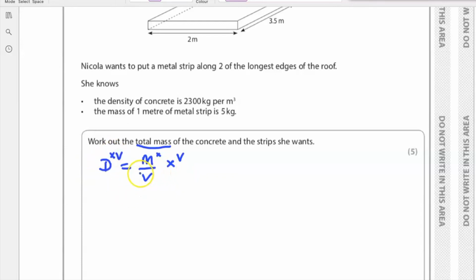Now we can cross this out. So we can see that mass is by itself now. So mass is equal to density times volume. You can rewrite it if you want. Mass is equal to density times volume.